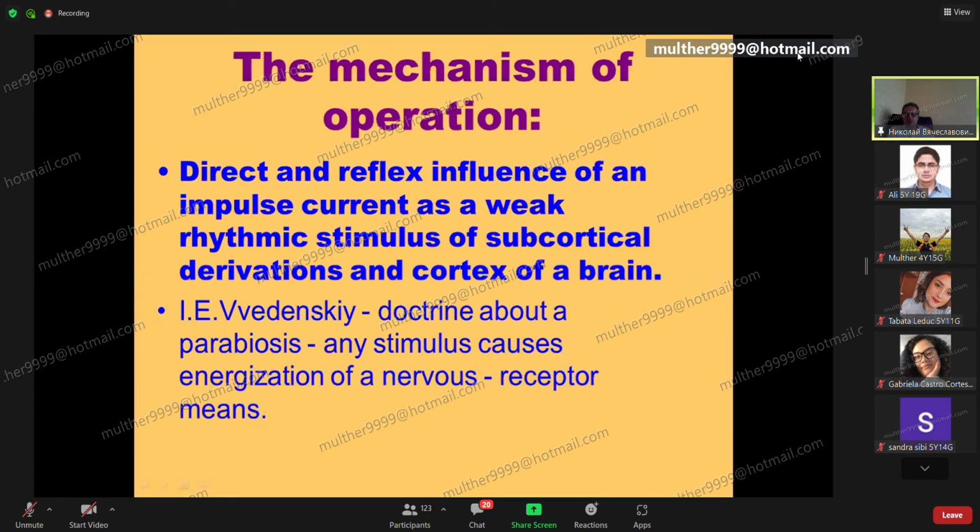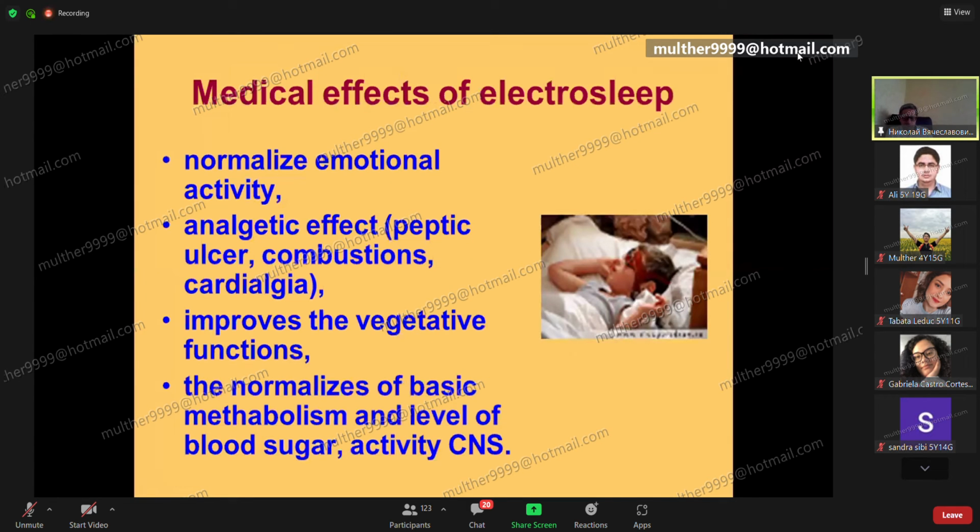Effects of the electrosleep therapy procedure: it normalizes the emotional activity of patients. For patients with peptic ulcer, cardiology conditions, we can achieve a soft analgesic effect.